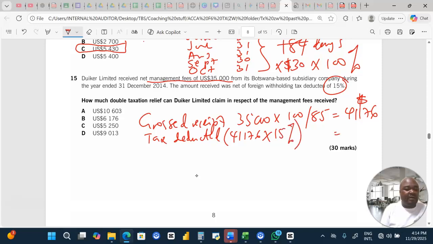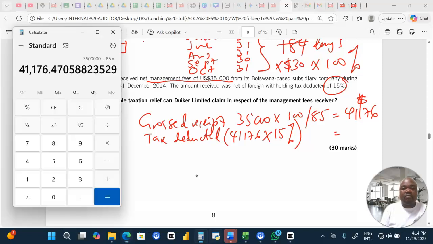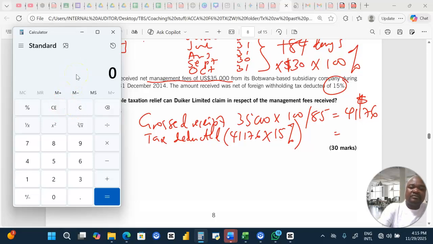Which means the amount of tax already paid should be this figure, 41,176, multiplied by 15%.